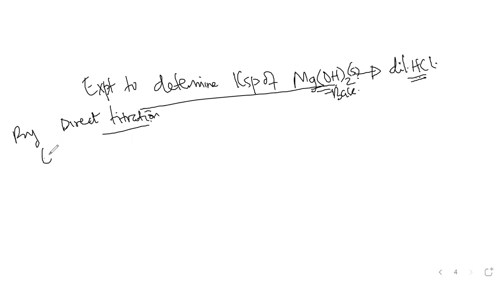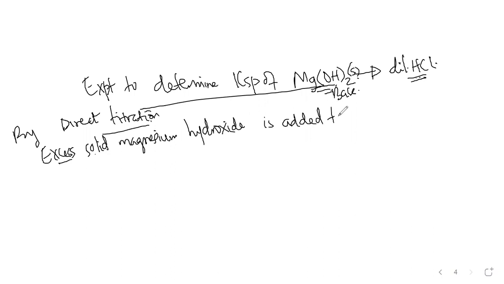So what shall we do? An excess of solid magnesium hydroxide is added to a known volume of distilled water in any container.